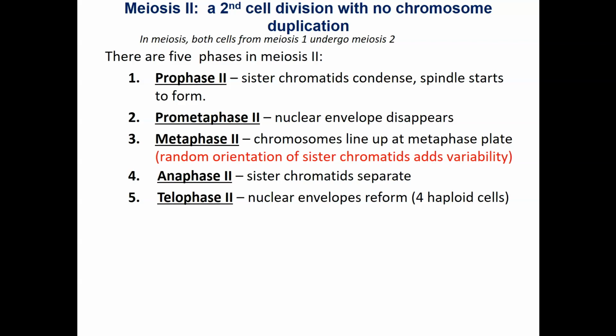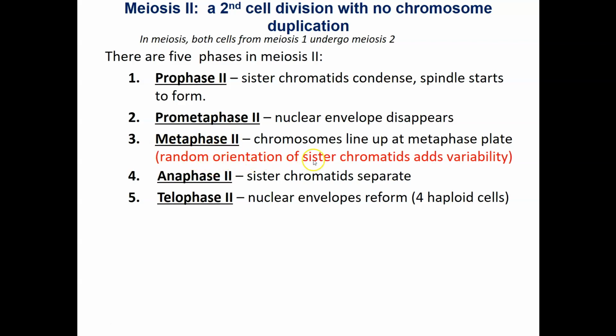So this is going to look very similar to what we did in mitosis. So in prophase 2, sister chromatids are going to begin to condense. We're going to start to form those spindle fibers. Prometaphase 2, the nuclear envelope is going to disappear. All those chromosomes are going to now line up at the metaphase plate.